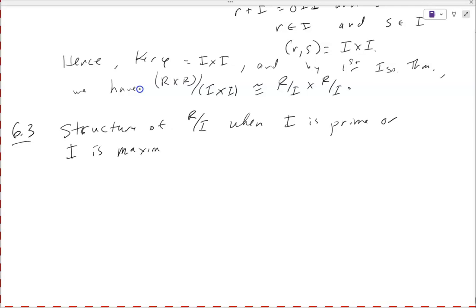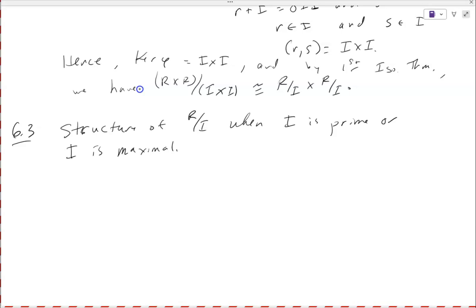Now, of course, they just threw those words in here. It's because they've defined these words earlier in a different chapter that we didn't talk about. So I need to define what those terms mean for an ideal. Although you might be able to guess what it means. Well, maximal, I hope, is fairly obvious. But let's talk about what we mean by a prime ideal.